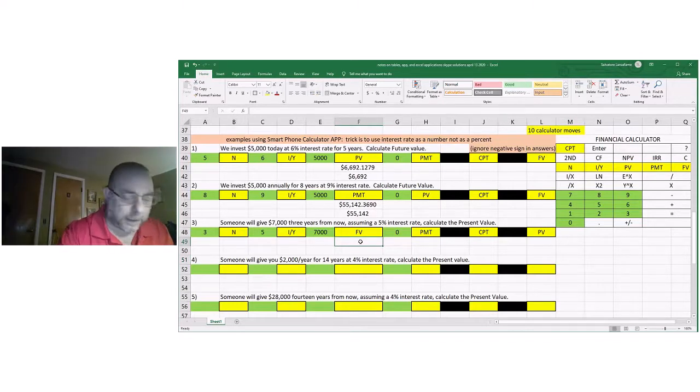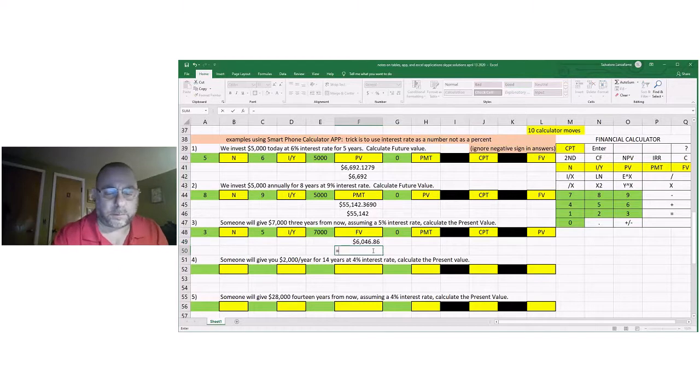I'm going to ignore the negative sign, like I told you guys to ignore it. So $6,046.8632, which rounds up to $6,047.